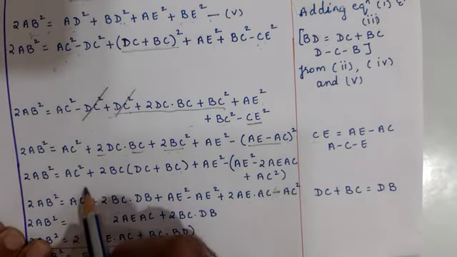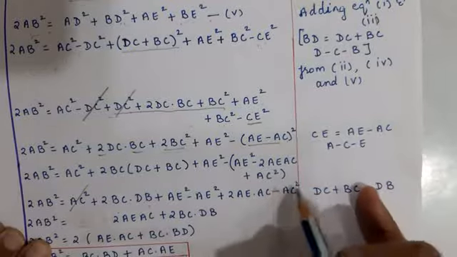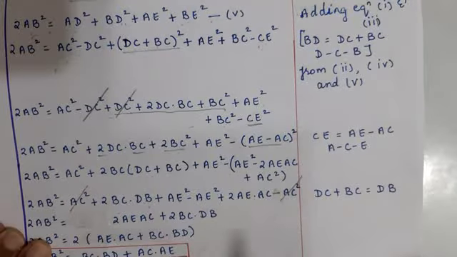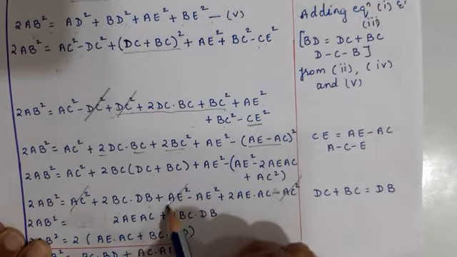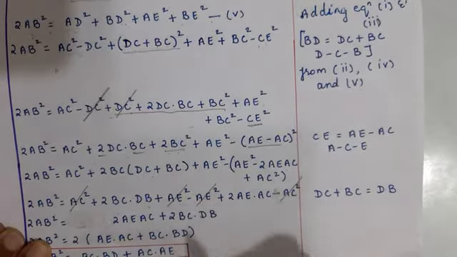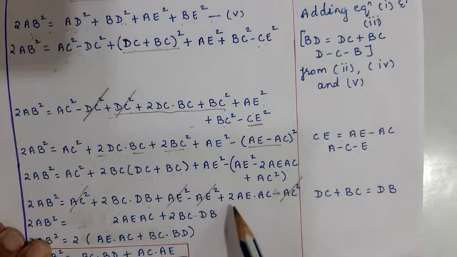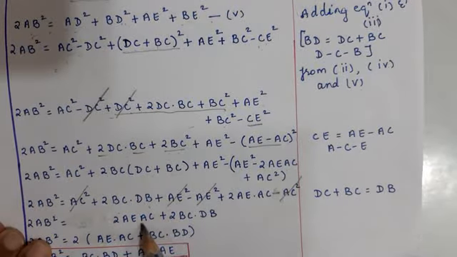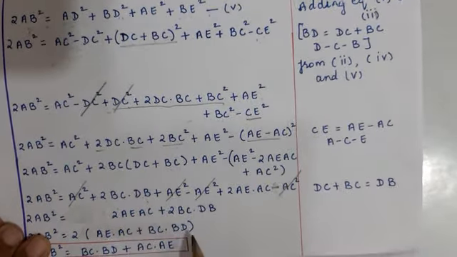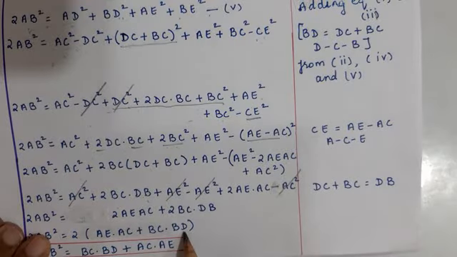Now in the next step, let us see what we get. Here you observe that plus AC square and minus AC square will get cancelled, and plus AE square and minus AE square also will get cancelled. So we are left with 2AE into AC plus 2BC into DB.